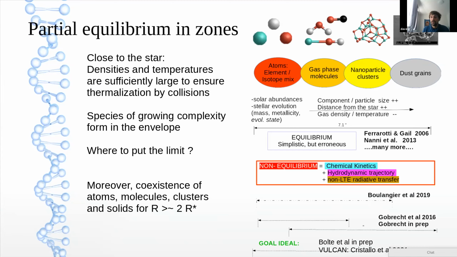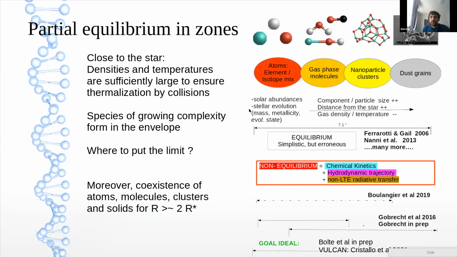In the innermost part of the circumstellar envelope, we find matter mostly in the form of atoms and gas phase molecules. As we move further out away from the star, the densities and temperatures get cooler, and matter of growing complexity can form, consisting of nanoparticle clusters and dust grains.